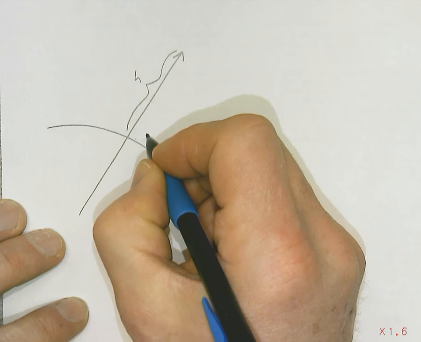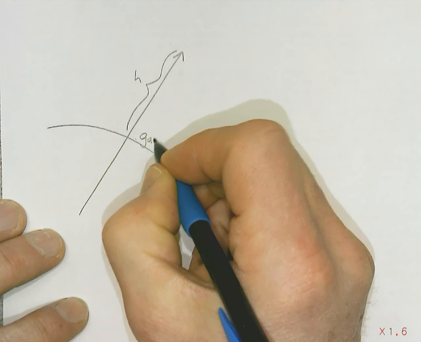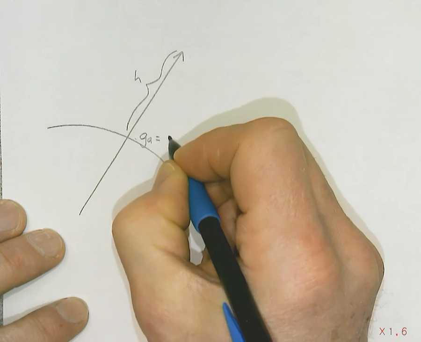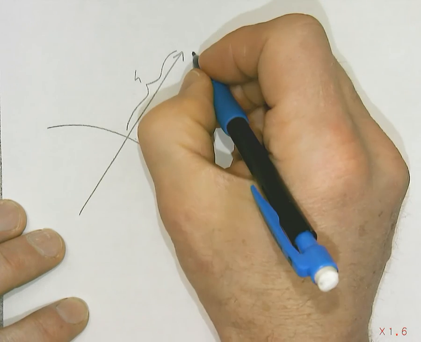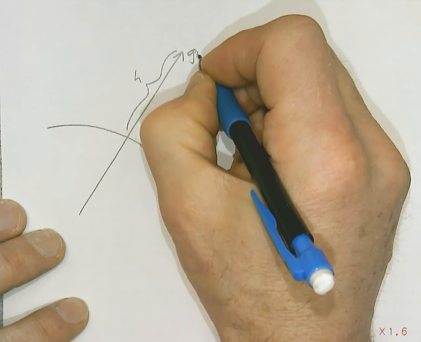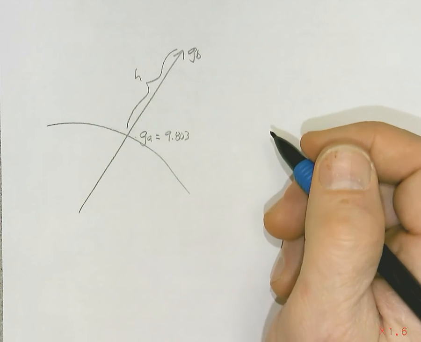At the surface, I'm going to call this g_A, and g_A is given as 9.803 in the problem. We'll call this g_B, g sub B, and that's a different value.